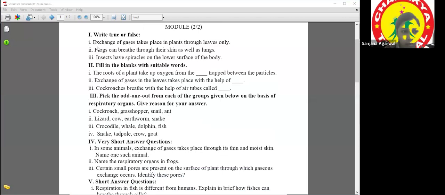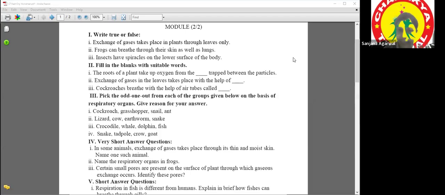Only 3 students have written? Advika, Adrita, and Rishit, correct? Other students, quickly answer. Answer quickly. For the rest of you, I'm waiting.